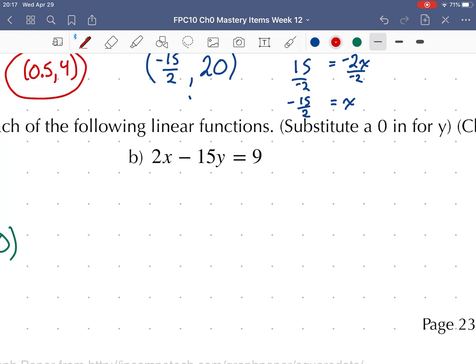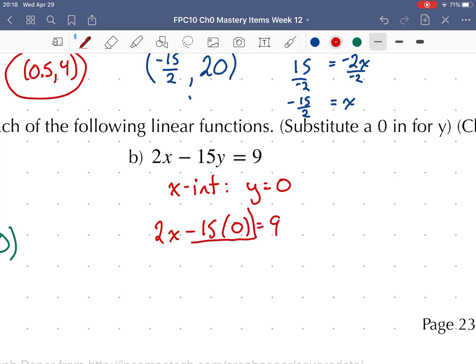Letter B. Substitute 0 in for y to determine the x-intercept. So our x-intercept, to determine it, will be at where y is equal to 0. 2x minus 15 times 0 is equal to 9. This guy here just all goes to 0. Negative 15 times 0 is 0. So we get 2x is equal to 9.